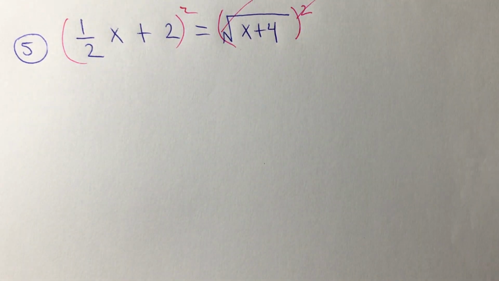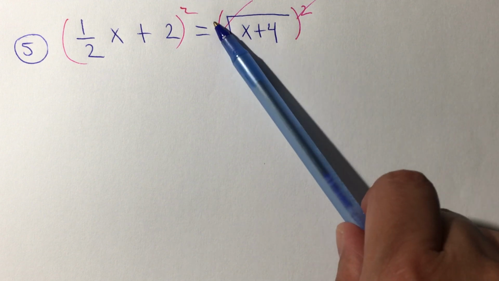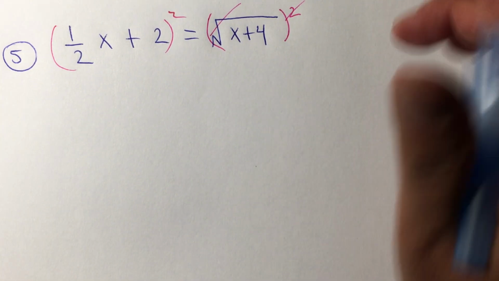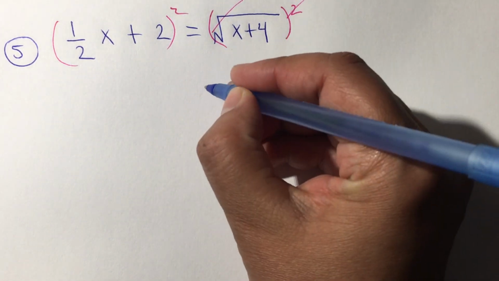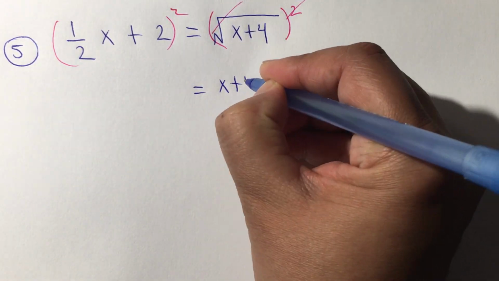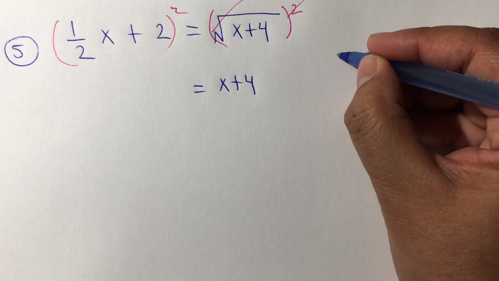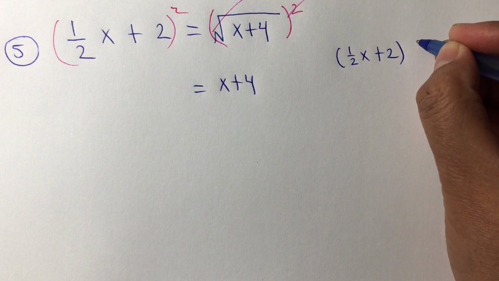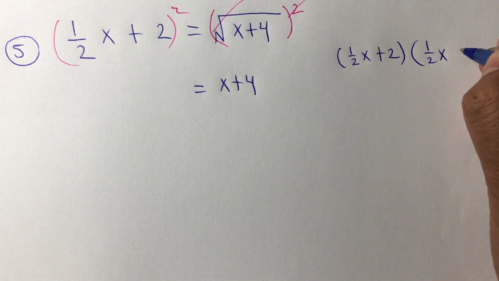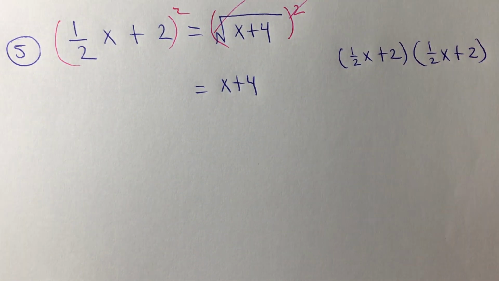The radicals cancel with the square, but on the other side again we have a binomial. In here we have x plus 4, but in here we have 1/2 of x plus 2 times 1/2 x plus 2.